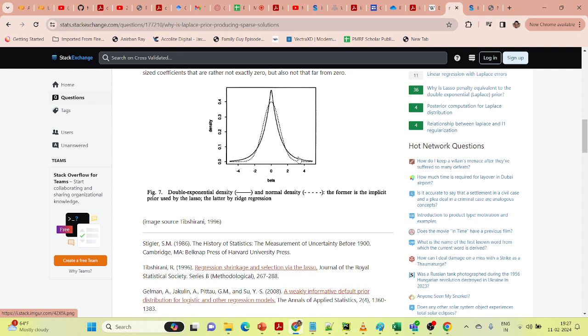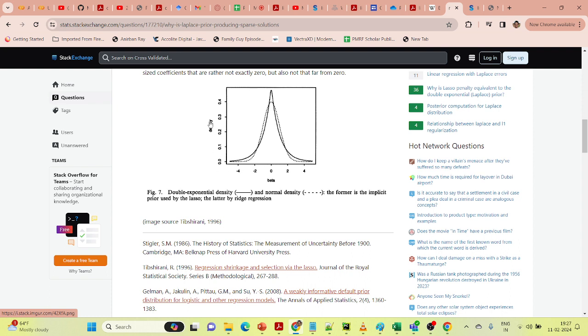As the absolute value of the parameters increases, their probability of occurrence reduces.